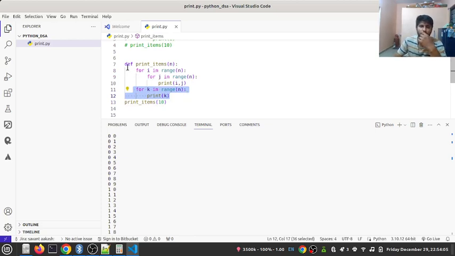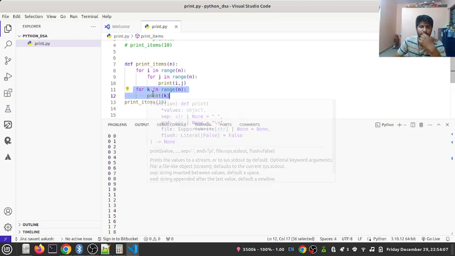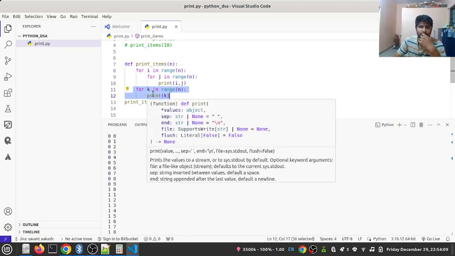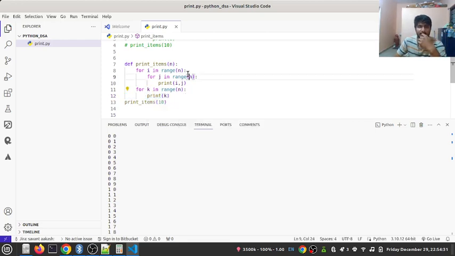So big O of n square is greater than big O of n, right? So we will consider it as big O of n square. Whichever has the higher term value, we will take that complexity and consider it as that value, right?